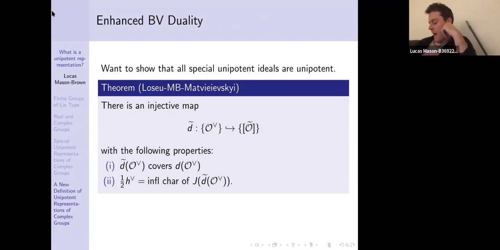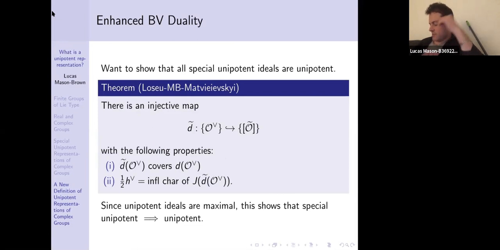And this map has the property that the dual of O check is a set of covers over the Barbasch-Vogan dual of O check. So we have this Barbasch-Vogan map, and this triangle commutes. And secondly, the unipotent infinitesimal character associated to the dual cover of O check is exactly this Barbasch-Vogan 1/2 H check.